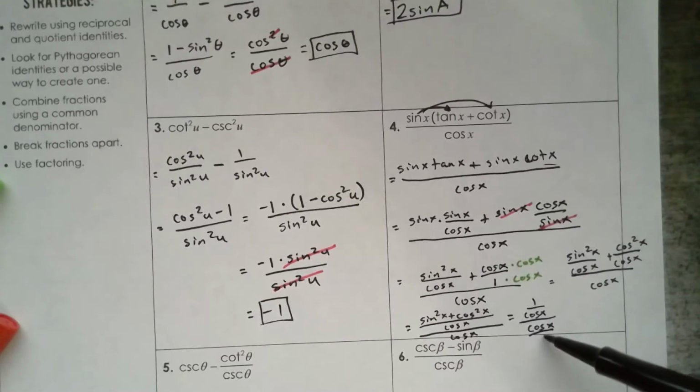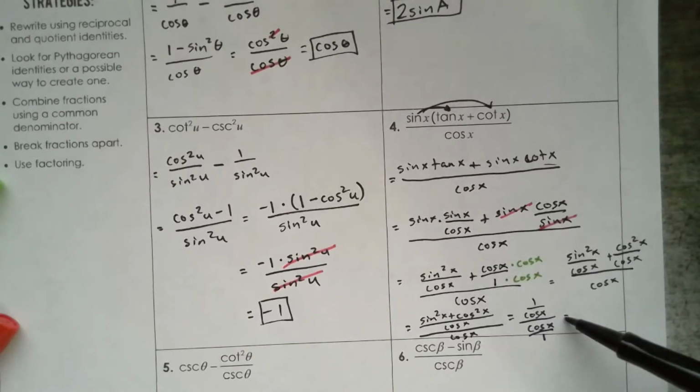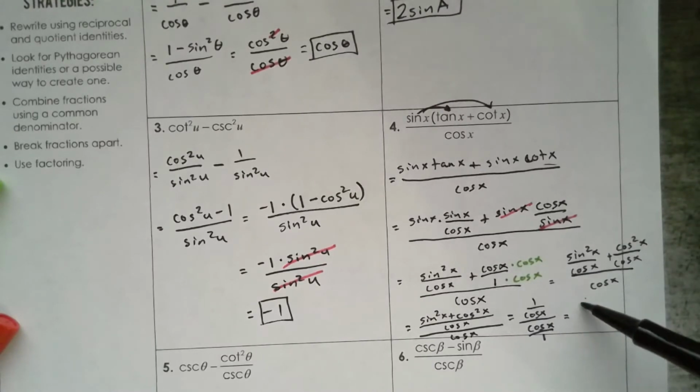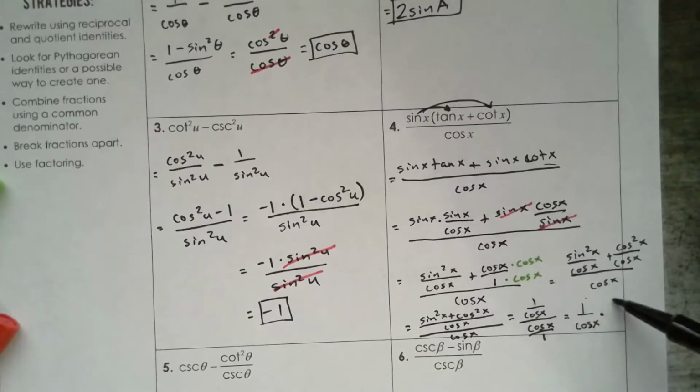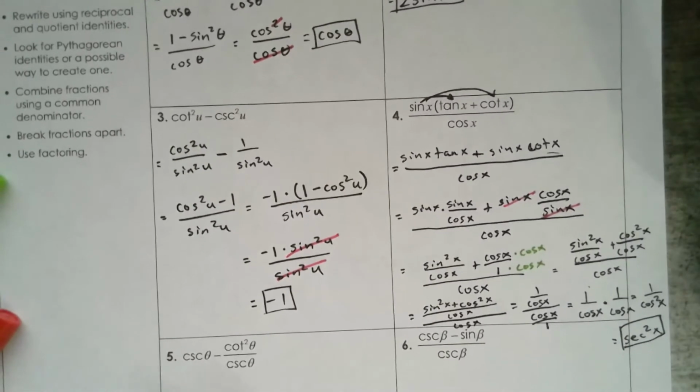This is like having cosine x over 1. So then this will be 1 over cosine x, divided by becomes multiplication, reciprocal, 1 over cosine x. This will give me 1 over cosine squared x. 1 over cosine squared x, that is secant squared x. So that's your answer.